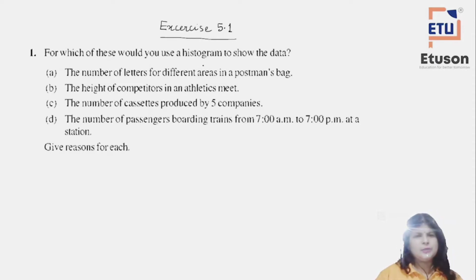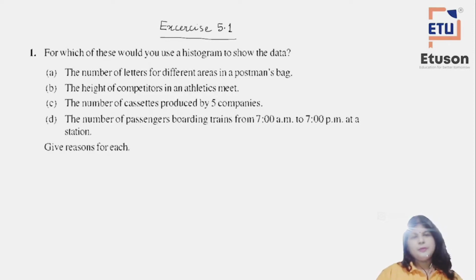Because histogram is a special type of bar graph which can be expressed in terms of class intervals and groups, etc. That means on the x-axis you have class intervals or groups. So let us check for which bit you can form the histogram. The first one, what is the statement?